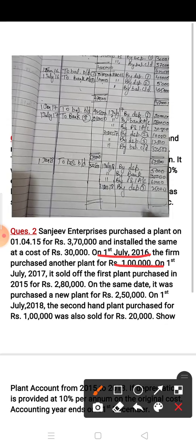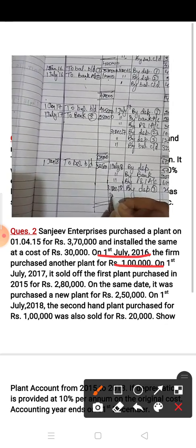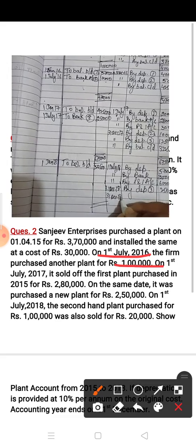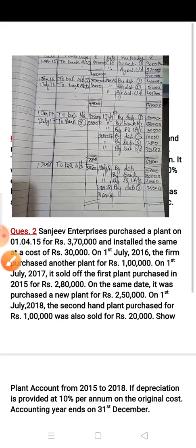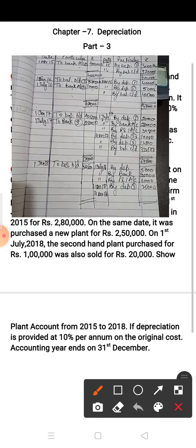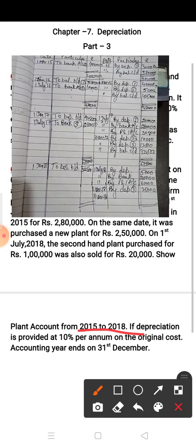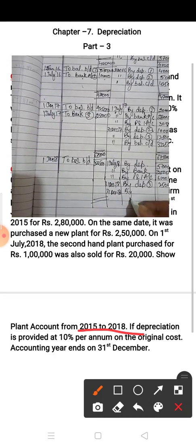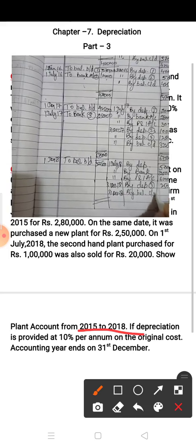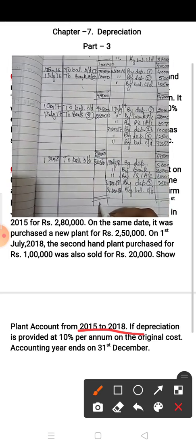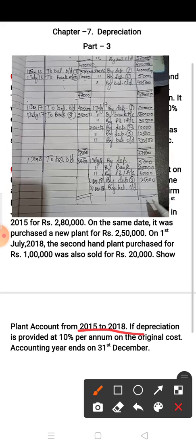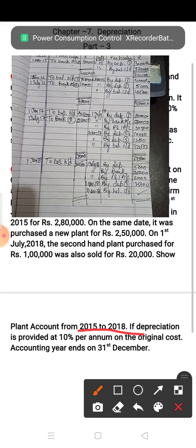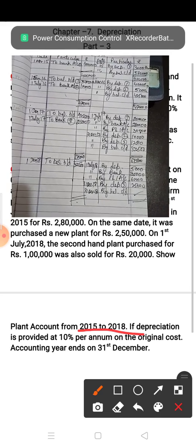Now you have to close the account on the 31st December 2018, because you have to maintain the plant account for these 3 years only, 2015 to 18. Now you have to find out the balance CD. So balance CD, same process. Total of the debit side, subtract the credit side, and here you have to write down the balance CD.